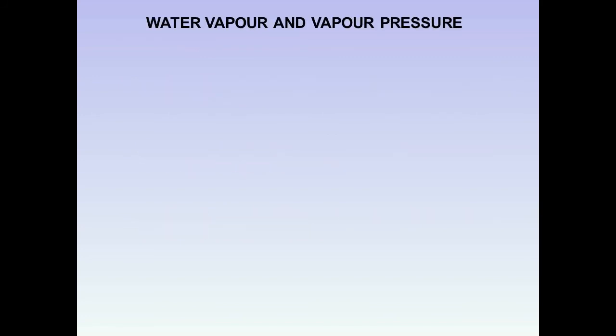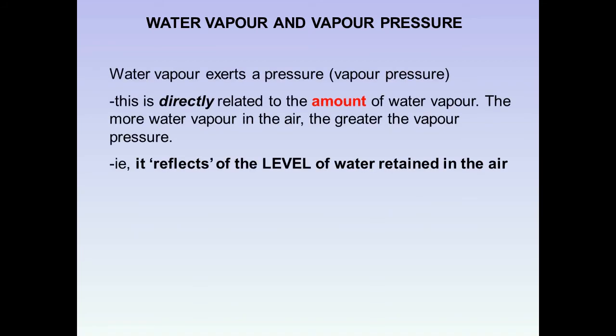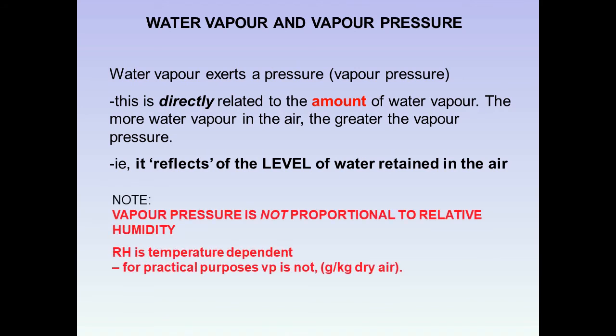And we can go a little bit further and look at water vapor and vapor pressure, and put these into perspective in relation to relative humidity. Water vapor, as we mentioned earlier, exerts a pressure. That is directly related to the amount of water vapor retained in the air. The more water vapor, the greater the vapor pressure. In other words, it's a reflection of the level of water vapor retained in the air.